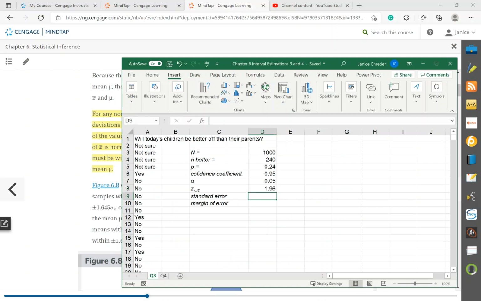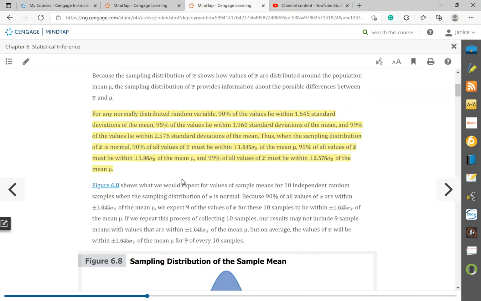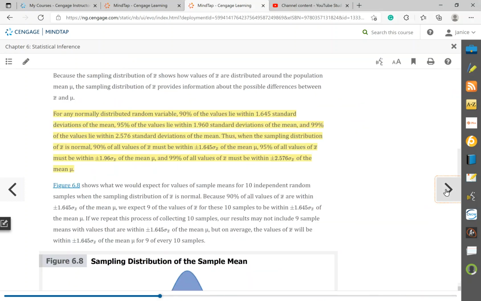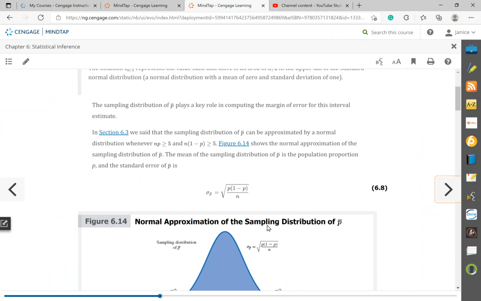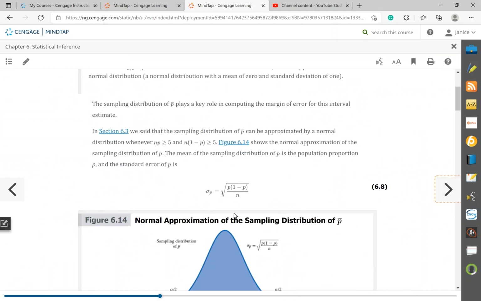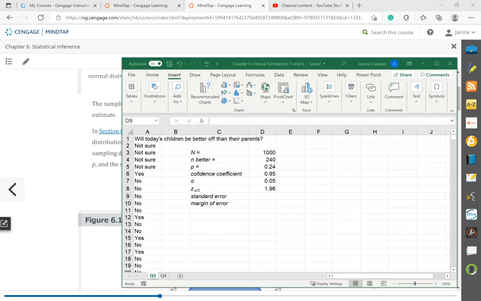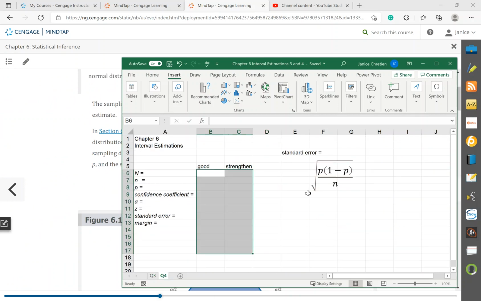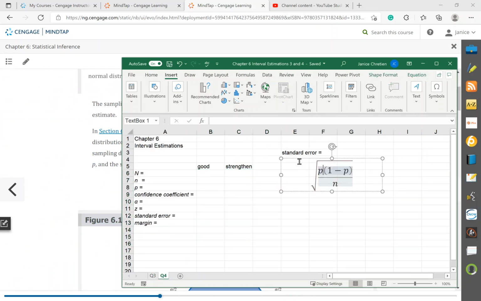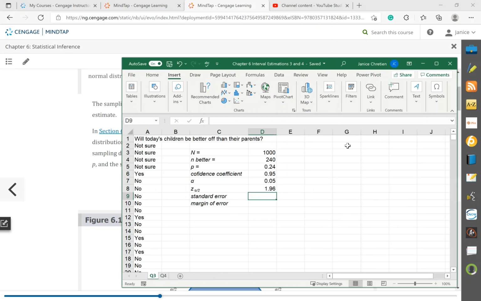Then to determine my standard error, I need to work the equation that's on the next page. I've put that equation here somewhere. Let me copy that over so we can reference it. Let's say standard error.